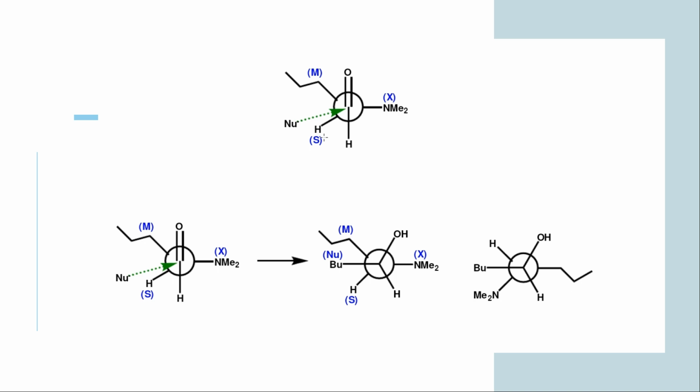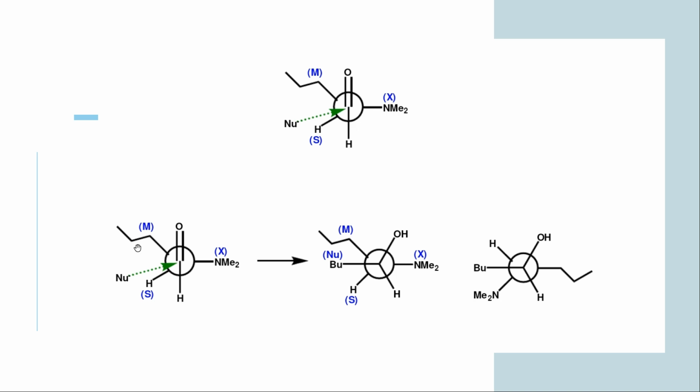Following the Bürgi-Dunitz angle, the nucleophile will attack from the side of the smallest group, and thereby these two groups will be tilted to this face.